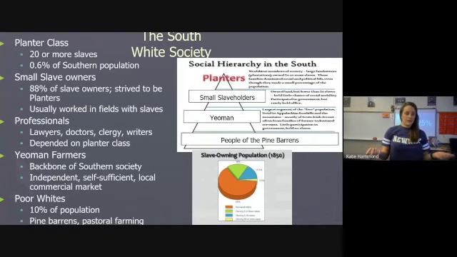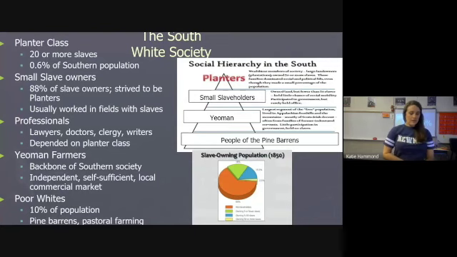The lower South, and Delta regions, because in the Delta there's lots of water, very warm climate, lots of cotton. Okay, so we need lots of slaves, basically. After 1820, that's when you start to see these planters with those antebellum plantation mansions. Okay, and their wealth was based off of how many slaves they had. So they may not have all these chandeliers and stuff, because again, their wealth was really based off of how many slaves you had.